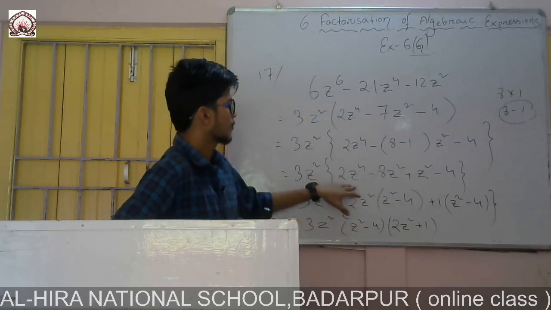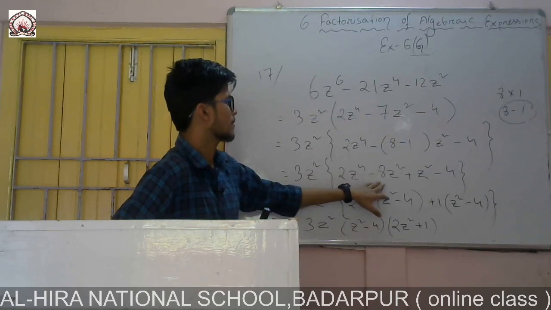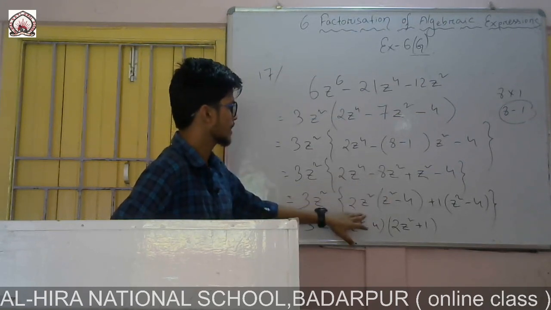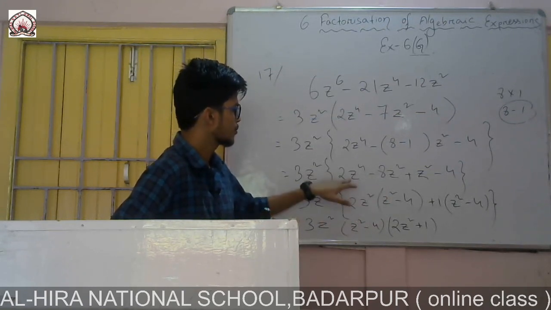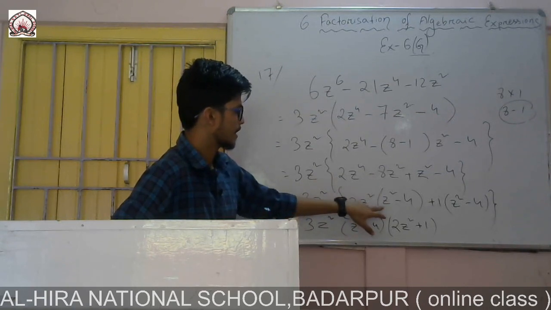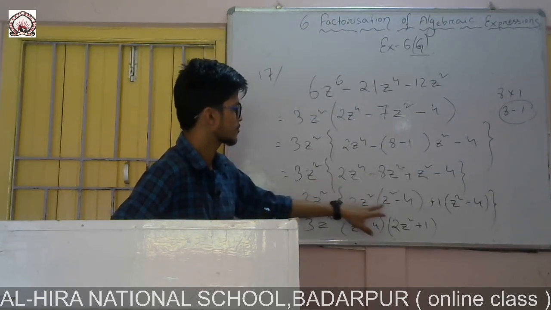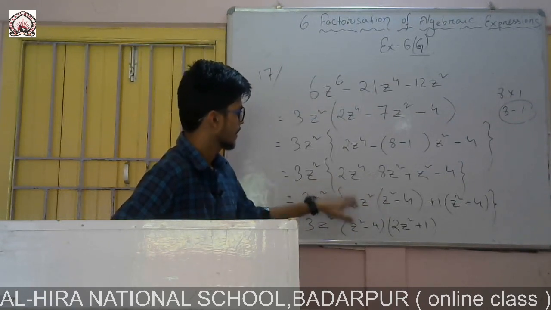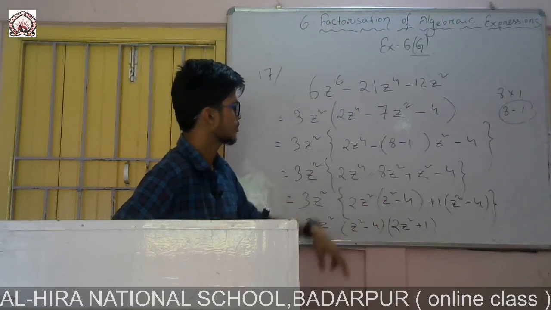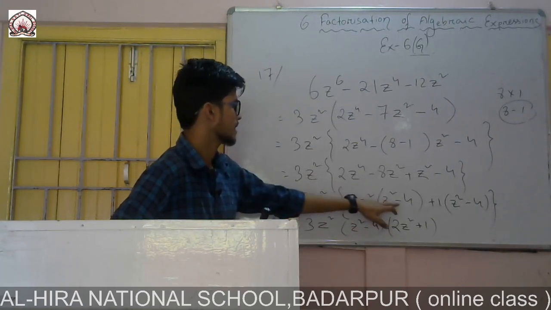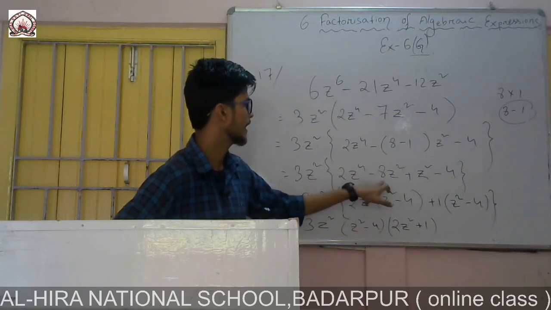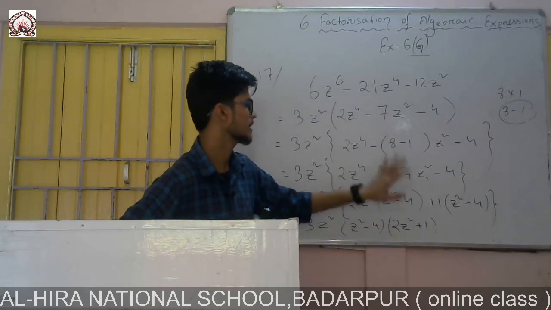So now from this 2z to the power 4 and minus 8z square, I have taken 2z square common, because after taking 2 common, only z square is left, because 2 ones are 2 and z square into z square, it is z to the power 4, then minus sign will be there, and 4 2s are 8 and z square into 1, it will be z square.